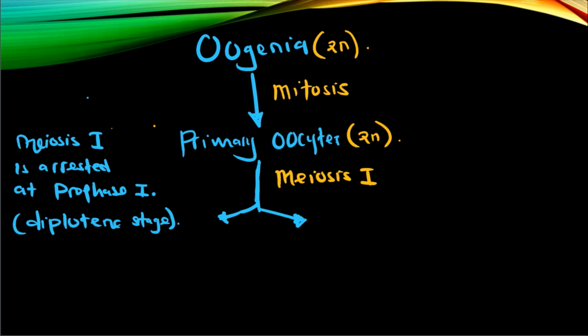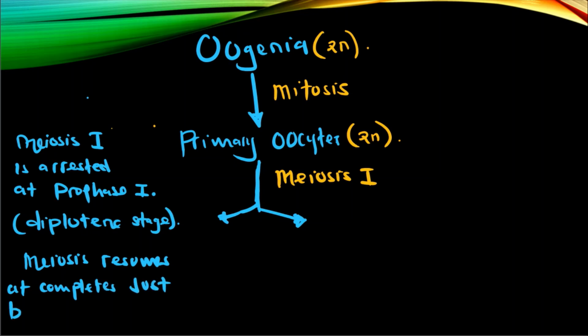Meiosis 1 resumes and completes just before ovulation, at puberty.